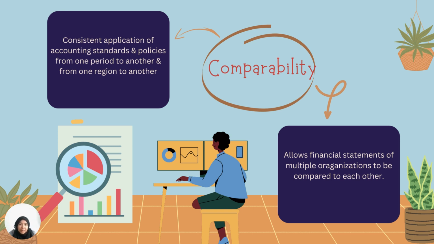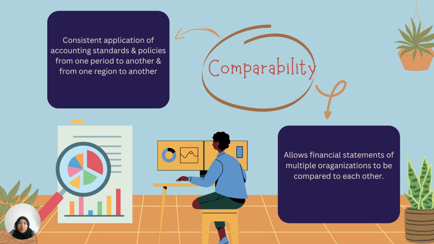Okay, consistent application and accounting standards. For example, if you use the application A, it must be used application A for the next period.